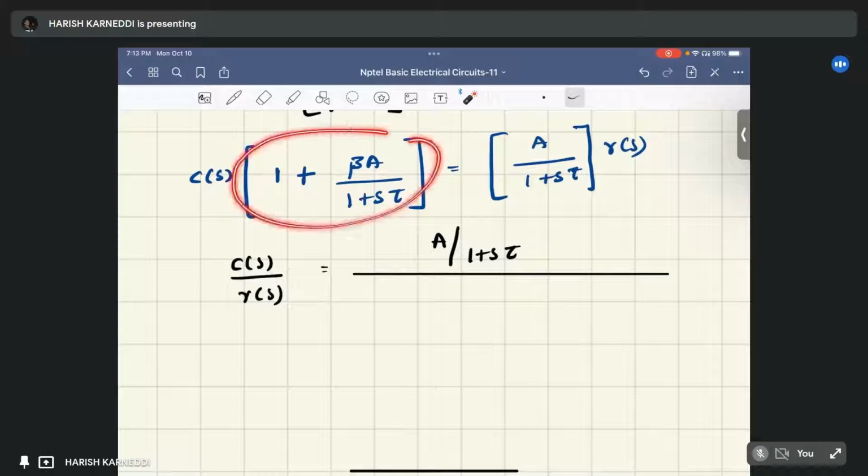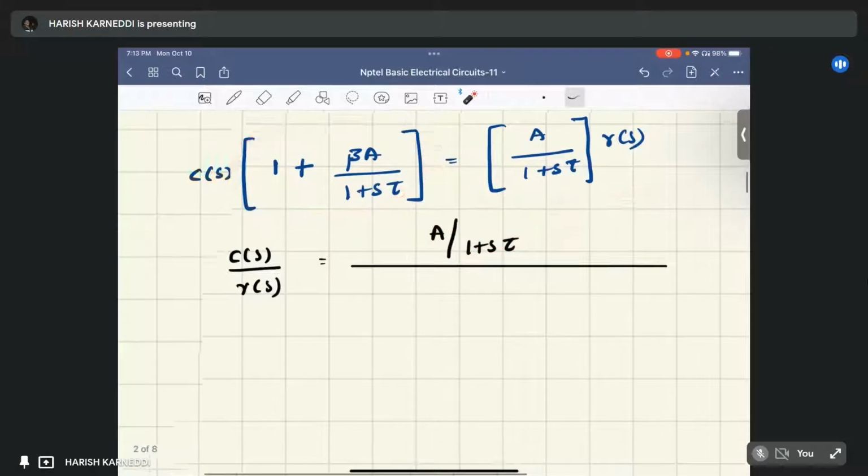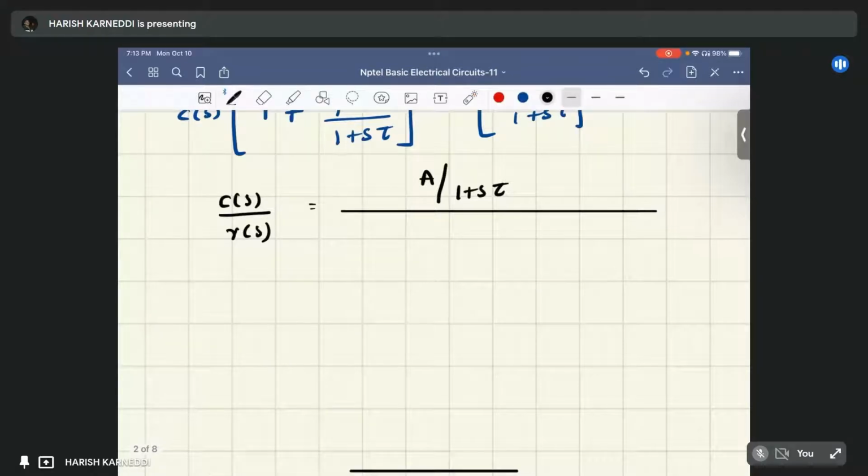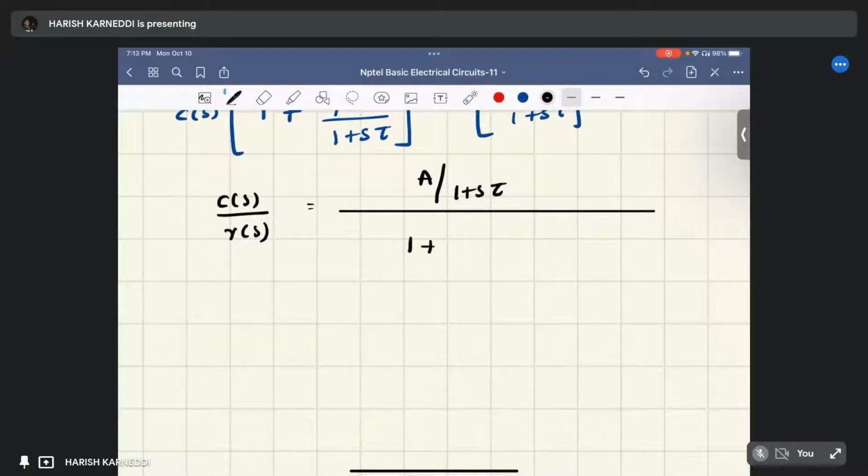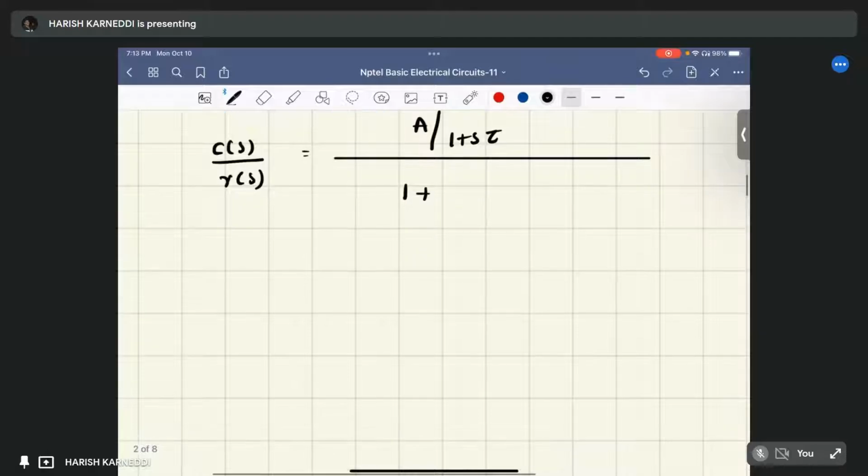It comes to this side, so it will come under the denominator. So our denominator function will be 1 plus beta A by 1 plus s tau.